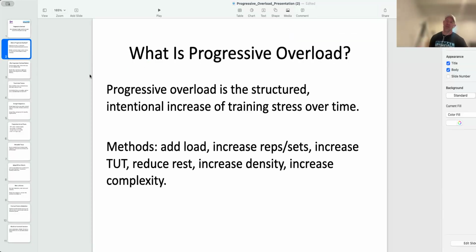So, what is progressive overload? You probably hear this a lot in slang and thrown around in this industry. It is actually, and it should be a structured format, outlined intentional increase in training stress over time. So, I know people ask, and I think they ask more, Aaron, hey, can you teach me how to do the program design?